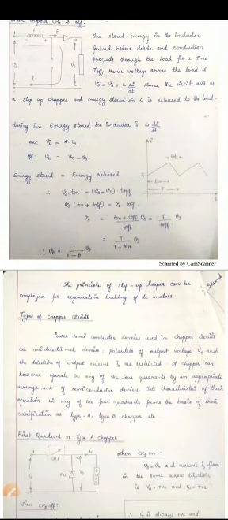If you rearrange it, V0 is equal to T on plus T off by T off into Vs, or T by T off into Vs. Instead of T off we can write T minus T on. We know that T on by T is the duty cycle D. So rearranging, we get V0 is equal to 1 by 1 minus D into Vs. This is the output voltage of a step up chopper.